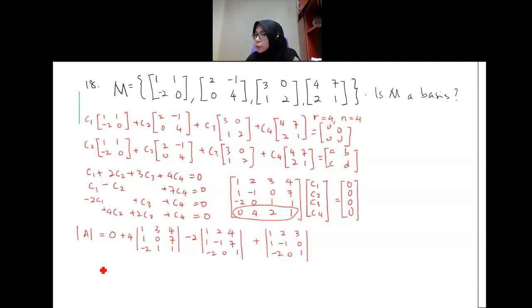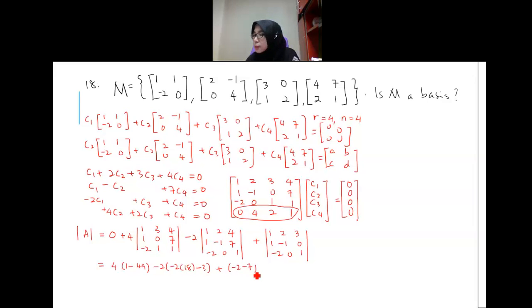So here you should calculate this. Then you can get 4. I just make it shortcut. So this is a minus 2, negative 2 multiply 18 minus 3 plus negative 2 minus 7.